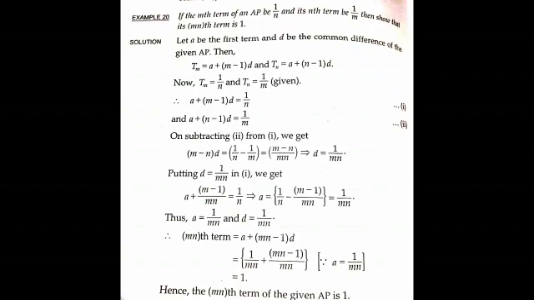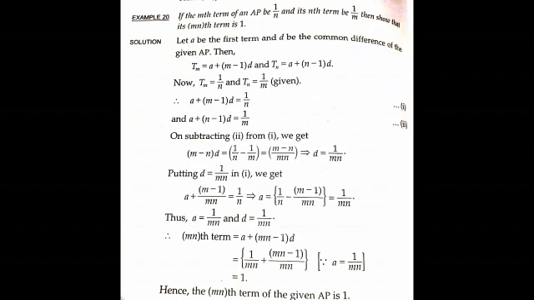As it is given in the question, the mth term is equal to 1 by n. So we have A plus (m minus 1) into D equal to 1 by n. Assume this as equation 1. Also, the nth term is equal to 1 by m. So we have A plus (n minus 1) into D equal to 1 by m. Assume this as equation 2.